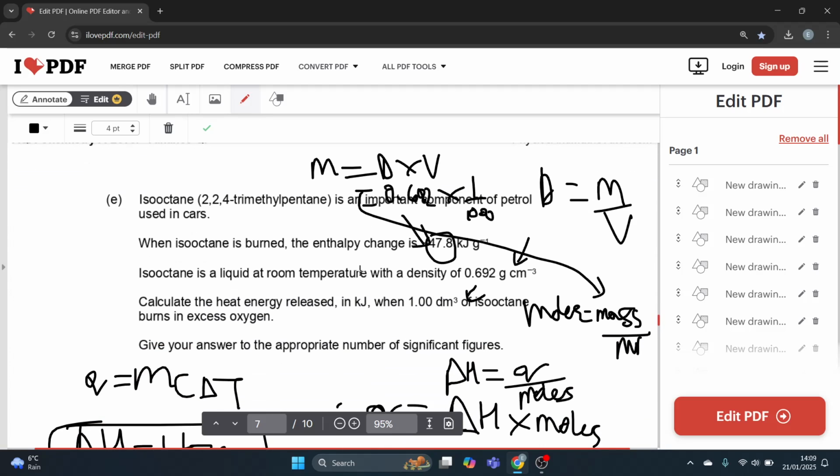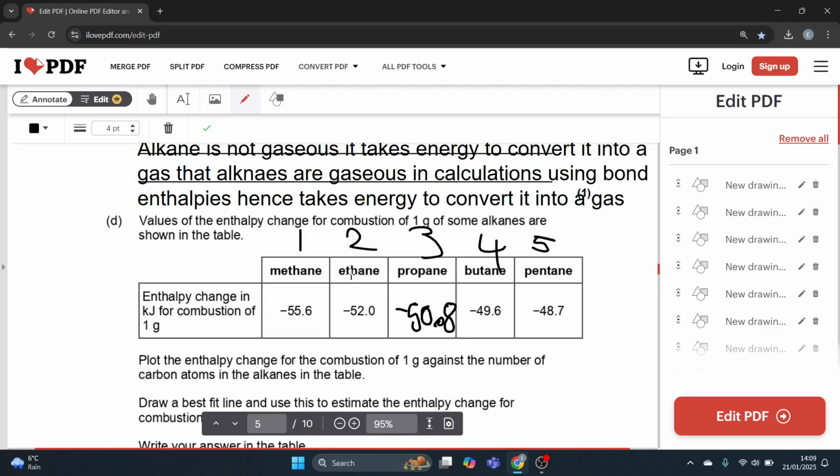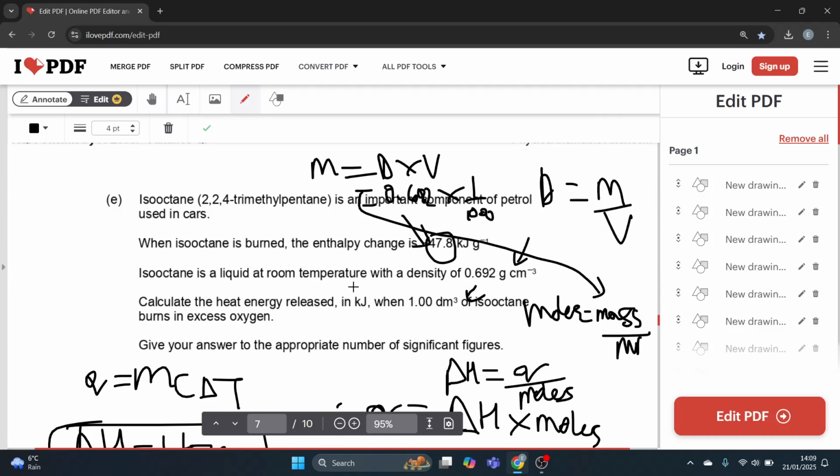And yeah, so am I given the 2,2,4-trimethylpentane? Or wait, yeah, find out the mass of, so let's do that.